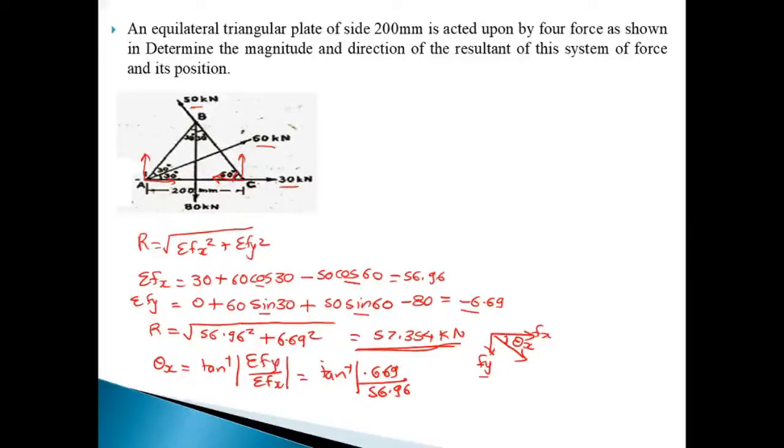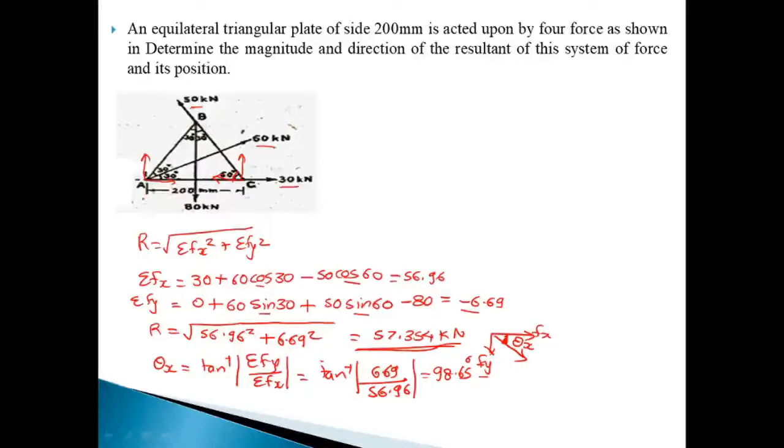We will consider the positive sign only, because we already considered direction according to Fy and Fx. So that's why we don't need to consider the negative sign here. This way we can find out theta x also, and by this calculation we get theta x equal to 98.65 degree. Yes, so this is the magnitude and direction of the resultant.